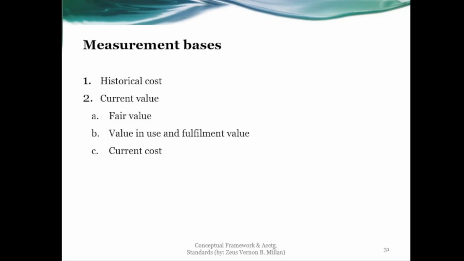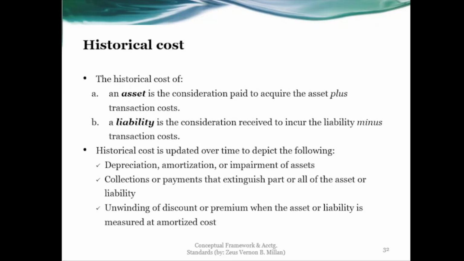Now, another part is about measurement. Let's talk about historical cost, current value, fair value, value in use and fulfillment value, and current cost. So, the historical cost of an asset is the consideration paid to acquire the asset plus your transaction costs.